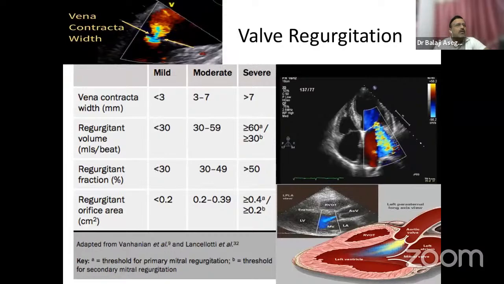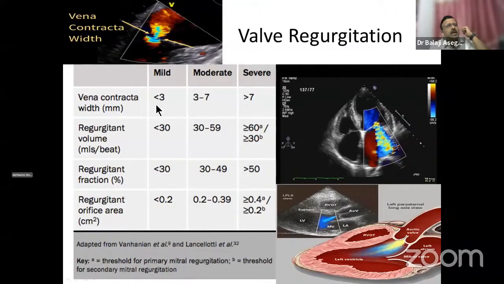Now, valve regurgitation. Valve regurgitation is reported as mild, moderate, or severe. How do we calculate it? We calculate it by two to three methods. One is regurgitant volume, or regurgitant jet, or regurgitant fraction. How far is this jet going? Is it going up to the LA apex? Is it going up to the halfway mark? This is one method.